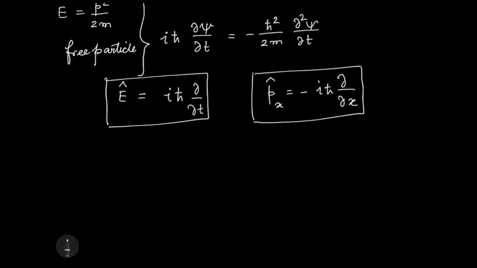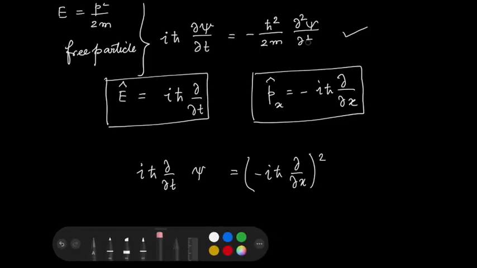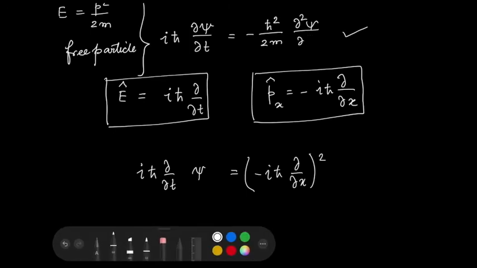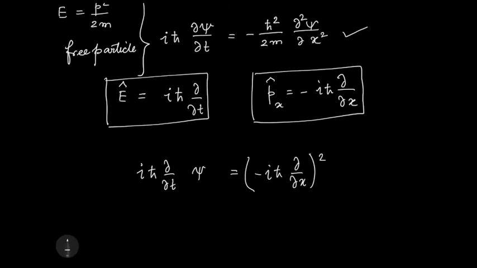Okay, if I look at this equation, you see what it is: just i h cross del t times psi, and on the right hand side, if I have minus i h cross del x whole square, that will give me h cross square by 2m del 2. Sorry, there's a mistake here. This is del x 2, not t 2, on psi.